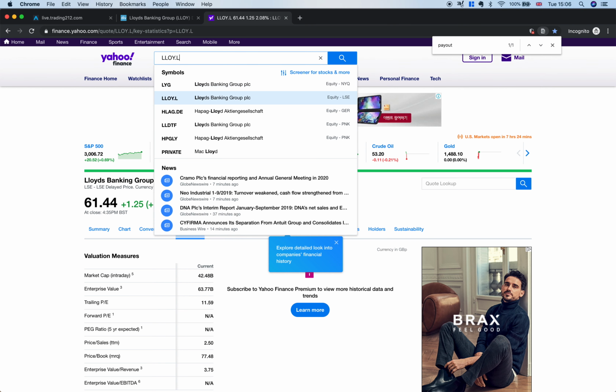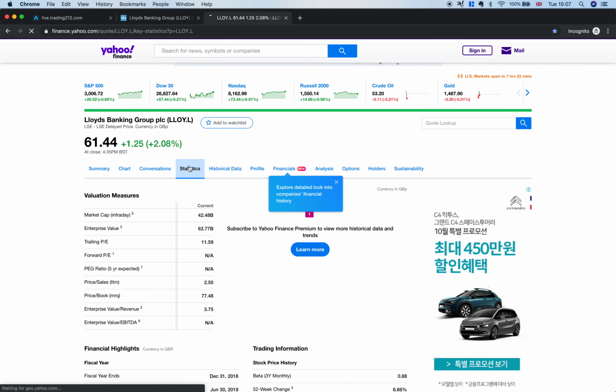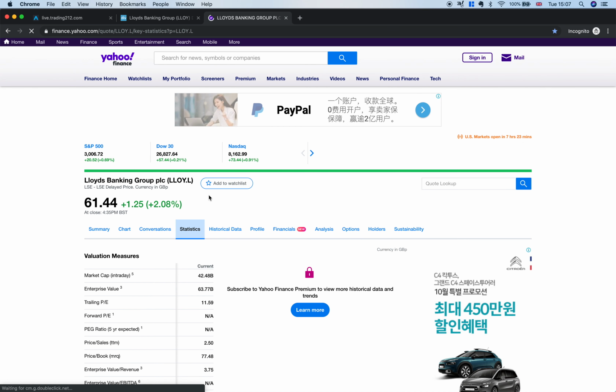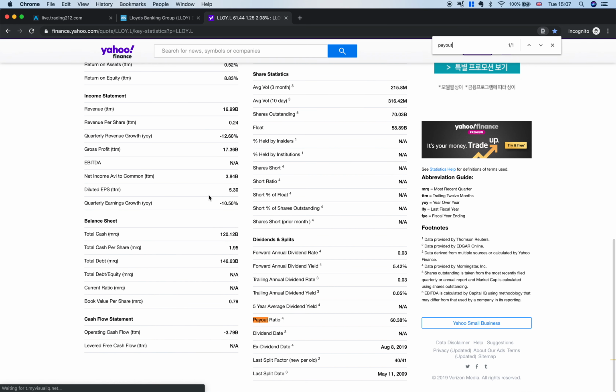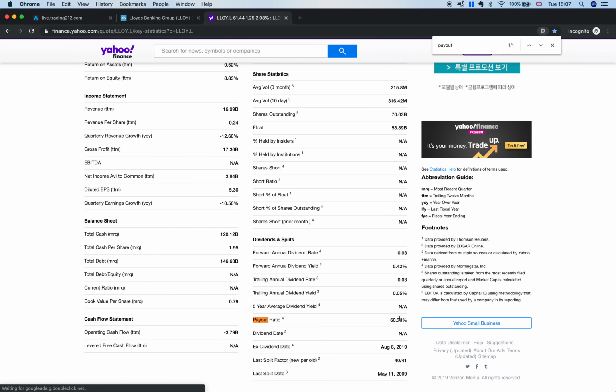Now there's a few, but we're looking at the one that's listed on the London Stock Exchange, so the second one here. If we go onto the statistics page and just search for payout ratio, we can see it down on the page. So payout ratio, and the percentage here, just above 60%.